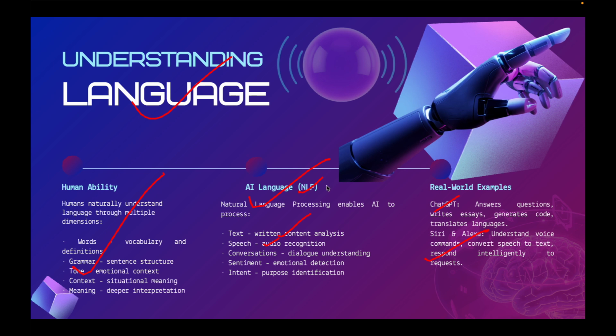So in simple words, NLP is the bridge between human communication and artificial intelligence. AI doesn't truly think like humans, but with NLP, it's learning to understand us better every day. So understanding language happens through natural language processing. Now we will discuss another human capability used in AI.